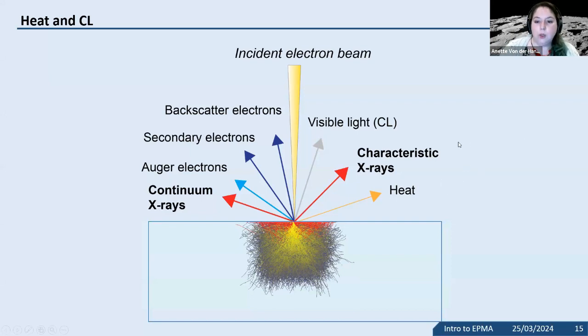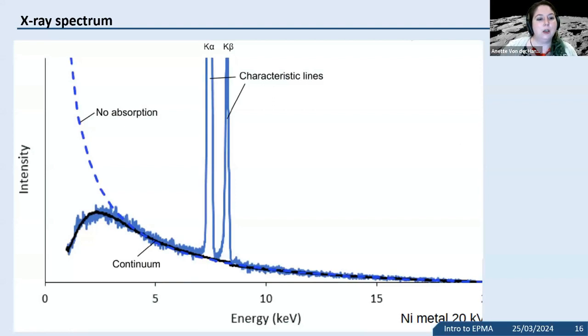So when it comes to the X-rays that we're generating, we usually get an X-ray spectrum. The X-ray spectrum extends all the way out to what the accelerating voltage is at the electron gun. So if we run the instrument at 20 kV, our beam electrons have an energy of 20 keV, and so that is the highest energy that we would find in a spectrum.